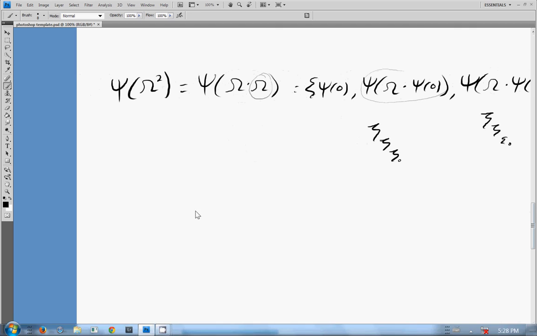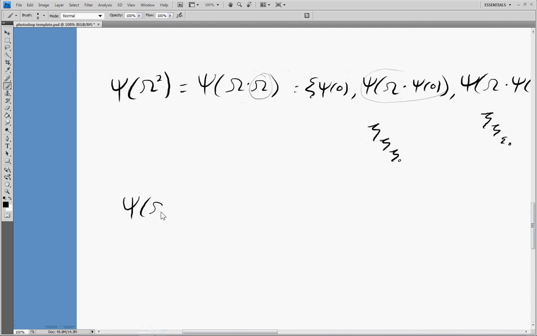Let's move on. Let's try psi of omega to the omega. This is already by itself here, so we can keep this as it is. We don't have to break it apart. And we start the fundamental sequence again at psi of 0. The next element, we replace this with the first element. So we end up with psi of capital omega to the power of psi of 0. The third element, we're going to replace this guy with this whole thing right here.